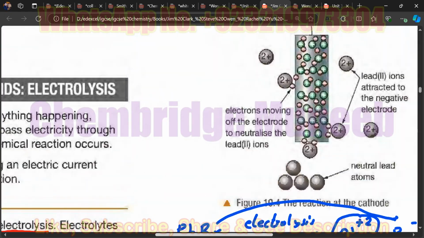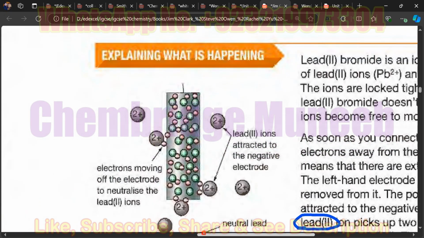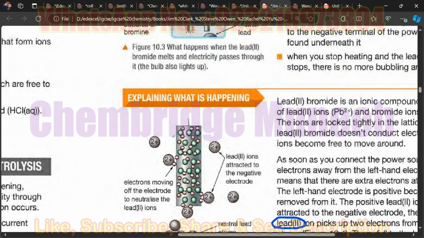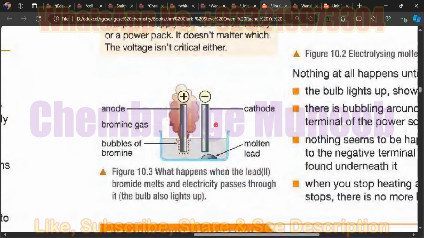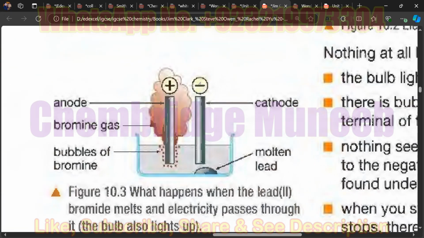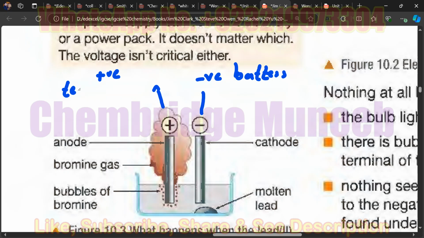It is happening in this picture. The electrodes here, we saw that there were two types of electrodes. The cathode is connected with the negative terminal of the battery, and this anode is connected with the positive terminal of the battery.